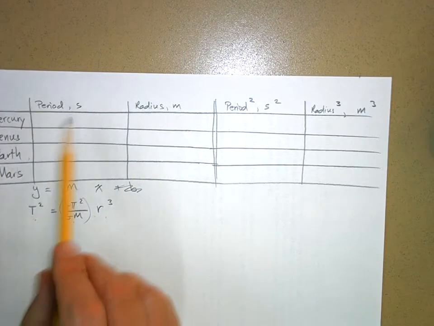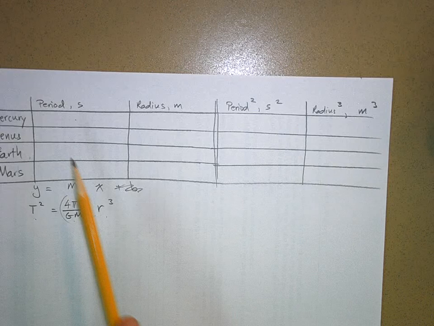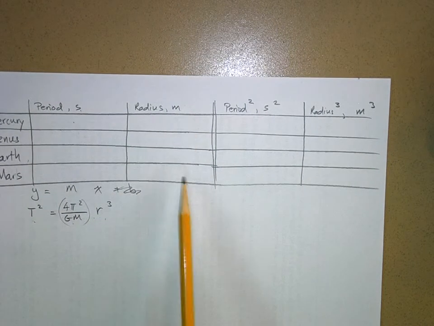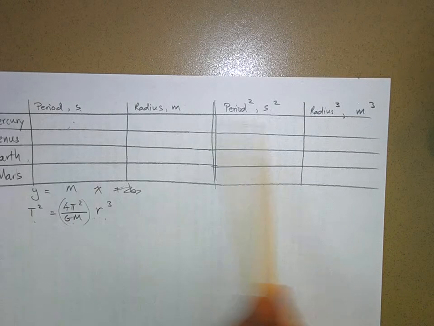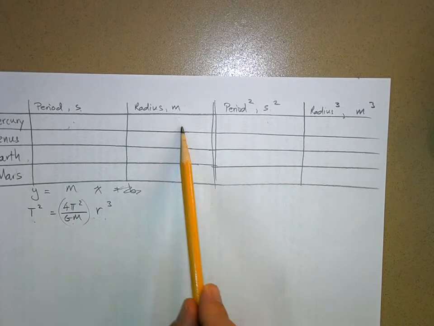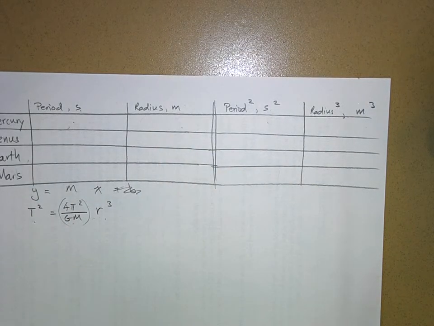So you're going to look these up. You have to put them in terms of seconds and meters. So then you just take this and square it, and then you'll take this radius and you'll cube it, right? You know how to cube something on your calculator? Raise it to the power of 3. I'll show you how to do that on your calculator if you get stuck.